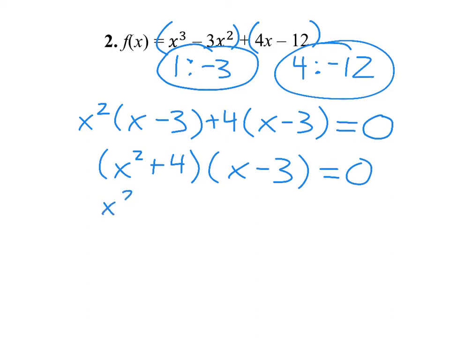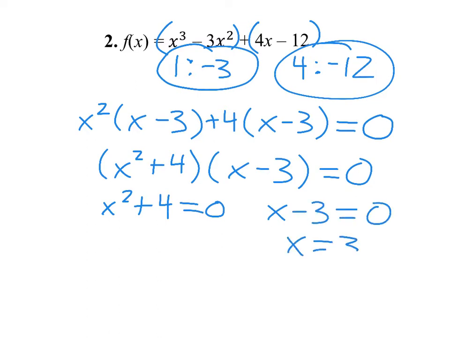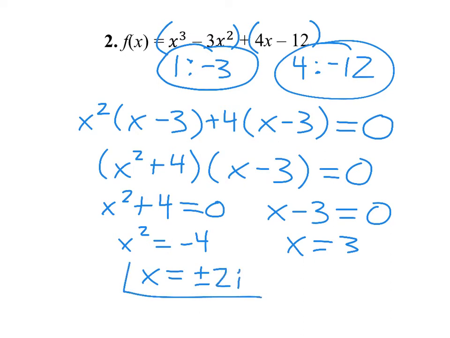Zero product property says one of these parentheses has to equal 0. So the degree was 3, and we got 3 solutions again.